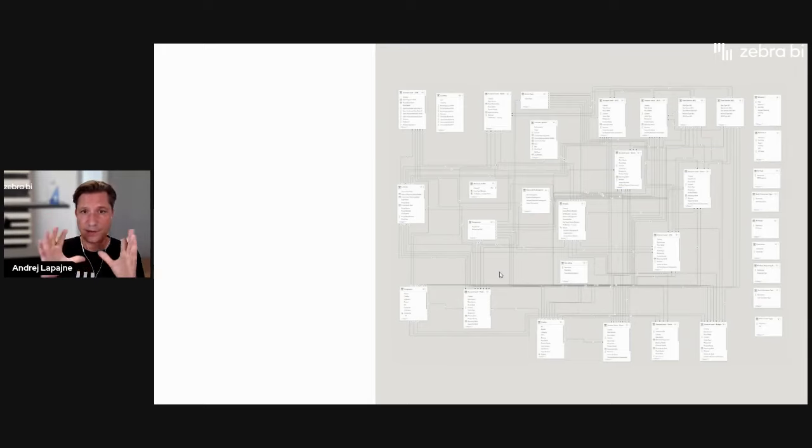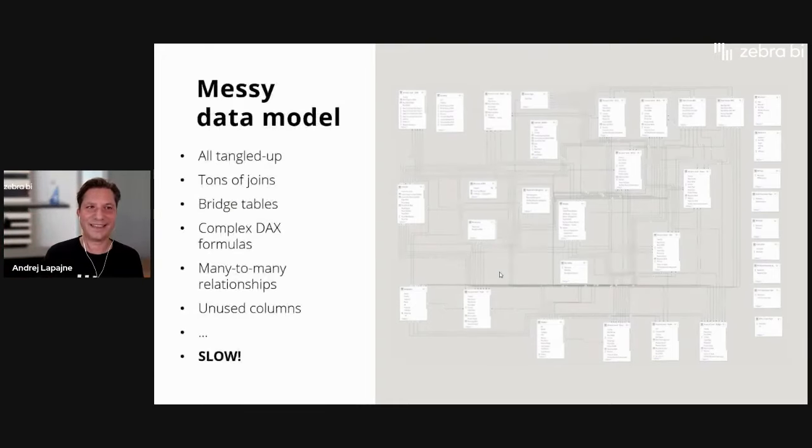So if you've got a model like this, like on this picture, lots and lots of tables with lots and lots of lines, this is a messy data model that is slow for sure. As you can see here, everything is all tangled up.